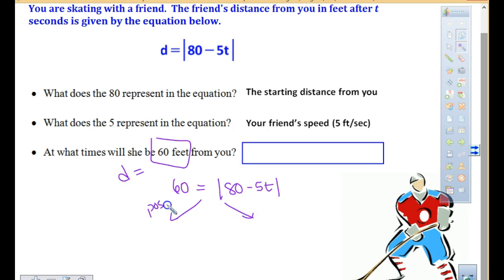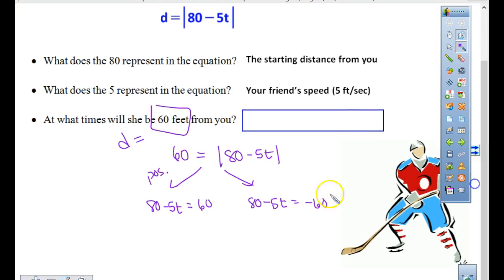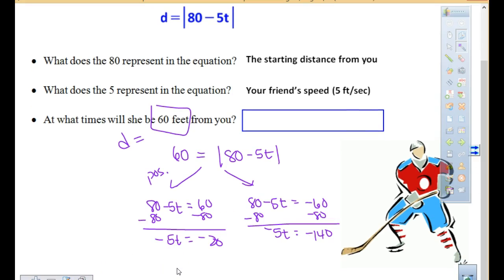If I was looking for the positive 60, what would you tell us? Yep. Brody, what would our second equation be? 80 minus 5t equals negative 60. Yes. Solve each one of your answers, Lizzie. We take negative 20 divided by negative 5. T is equal to how many seconds?